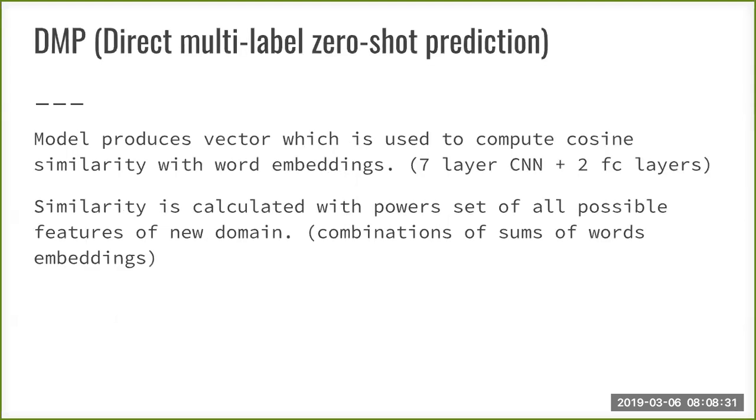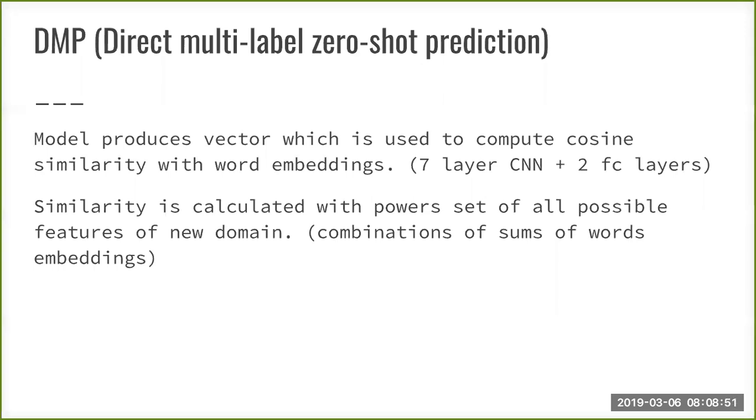Then there was this direct multi-label zero-shot prediction. Okay, so this one, it's very similar to the thing that first network was inspired by.